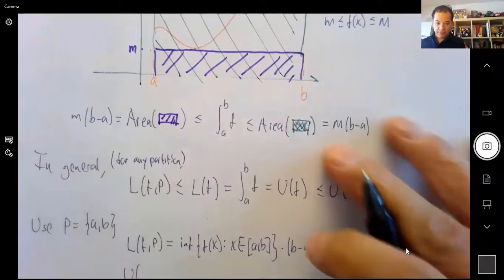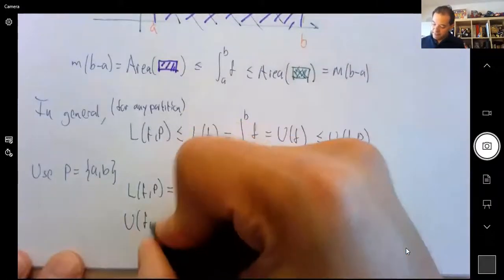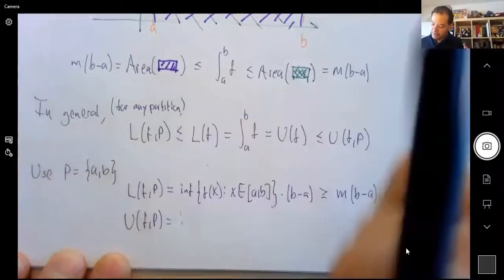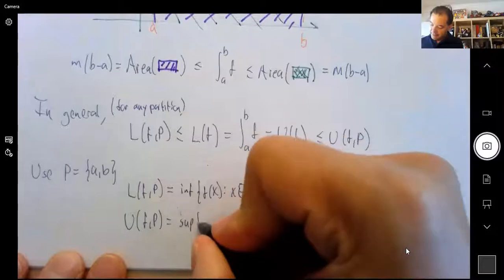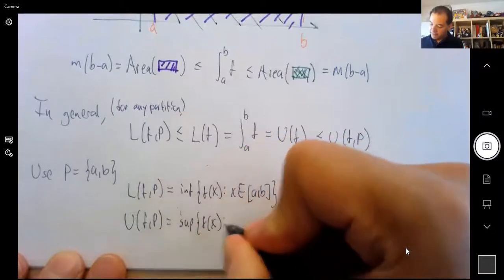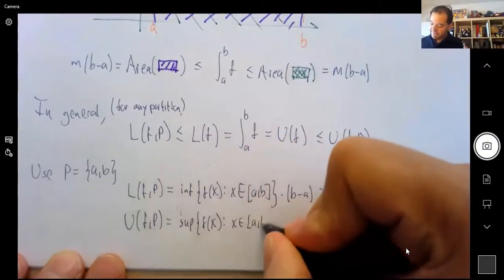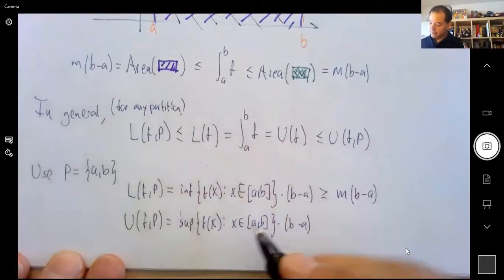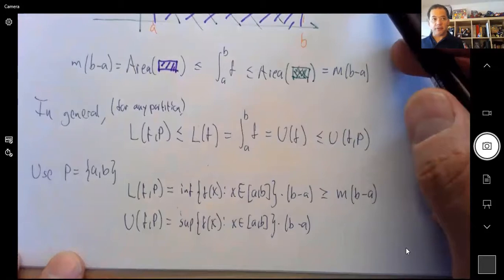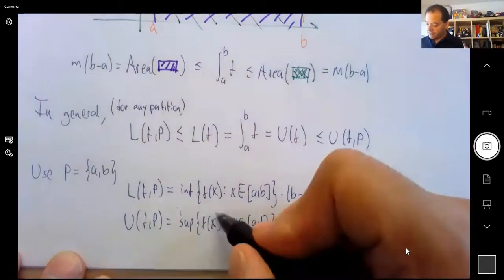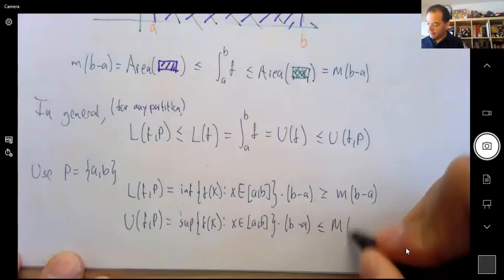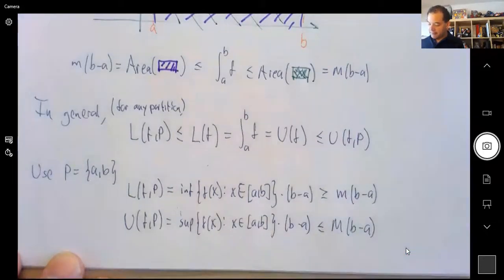And the upper sum, similarly, of this very simple partition is now the supremum, so it's the capital M. There's only one interval here, times the length of the interval. And we said that the function is smaller than M, so all of these values are smaller than M. Therefore, the supremum is smaller than capital M. Right, so that happens.